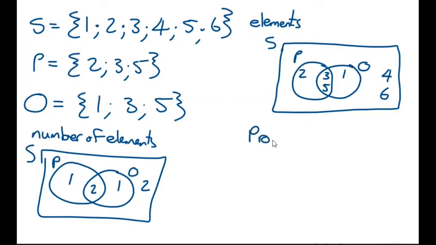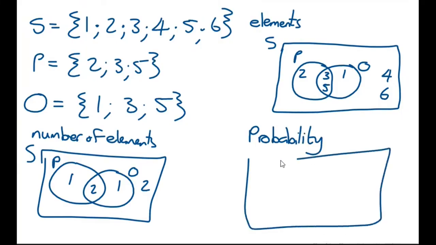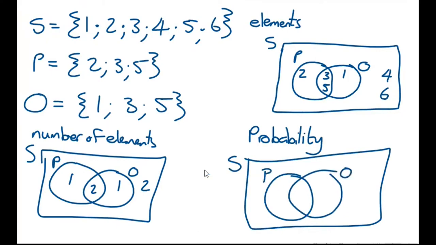And the last one is the probability, which is what we just did. The question that we just did, we did it with probability. Okay. So there's a sample space again. My prime numbers, my odd numbers. And now we're going to put the probabilities.